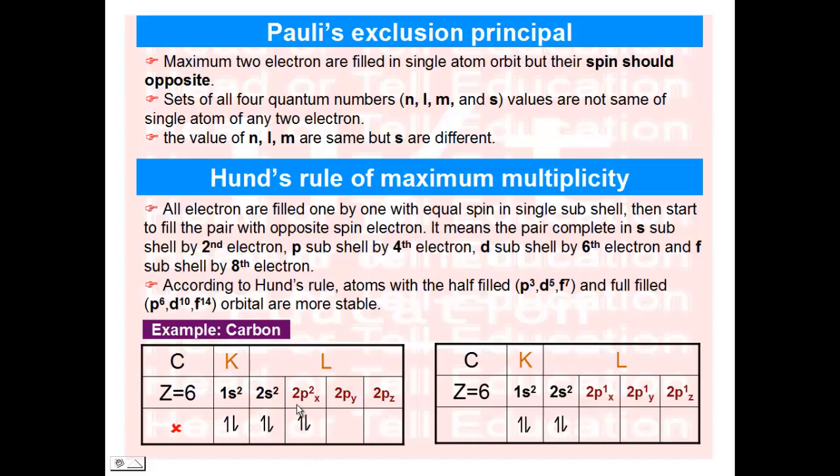For the remaining 2 electrons we fill like this: the first electron comes in the p, in the x, and the second electron comes in y. So this filling is correct and more stable than before. So this is the carbon example.